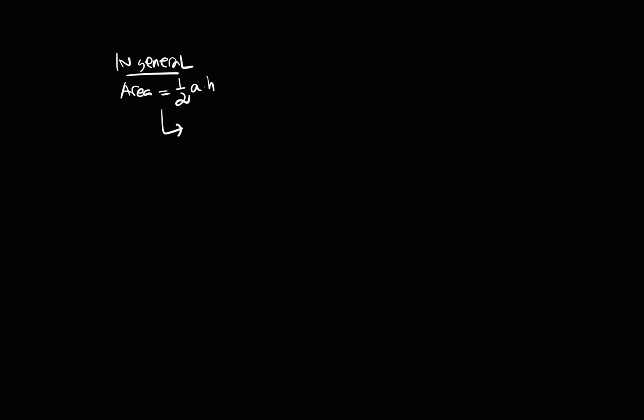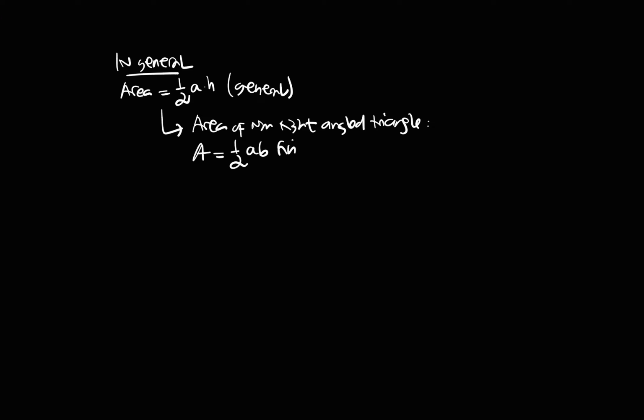By applying the sine rule, then the area, this is for the general area of a non-right angle triangle, then A equals half ab sine C.